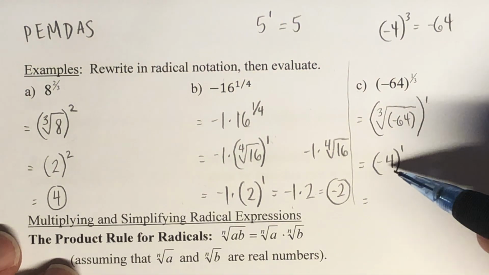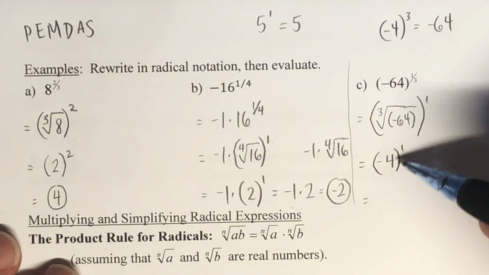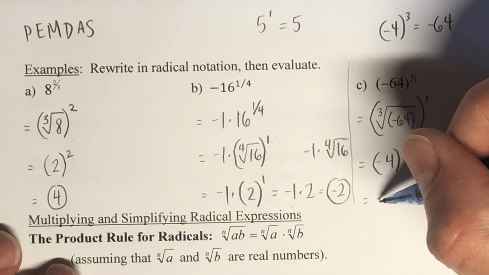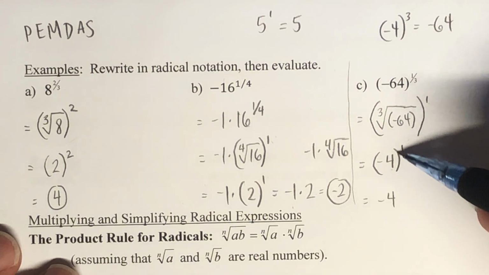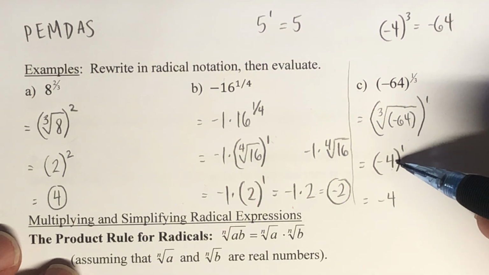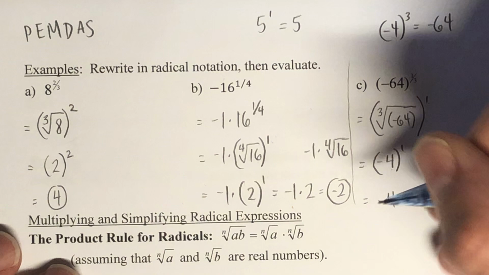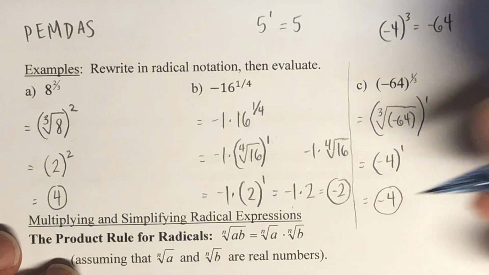Then we take the parenthesis, whatever's inside of that, which we now realize is -4. We take that to the first power, and again, that's not going to change anything. Remember, we're not taking 4 to the first power because of the parenthesis. The parenthesis means we're taking -4 to the first power. Just a reminder there. And so it doesn't change anything. It makes it -4.